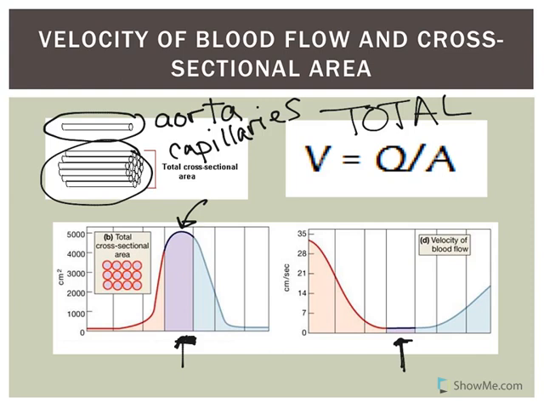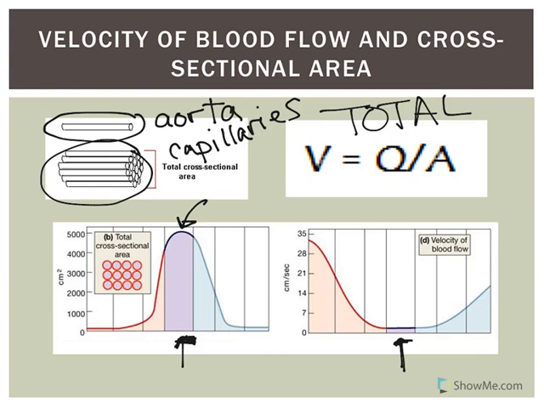What's happening in the capillaries? Capillaries is where we're going to have exchange. So I'm getting that blood to the capillaries, and the capillaries are delivering blood to tissues. I'm going to have exchange. I want to give some time for the exchange that takes place. So the velocity of blood flow is the lowest in our capillaries than it is anywhere else.